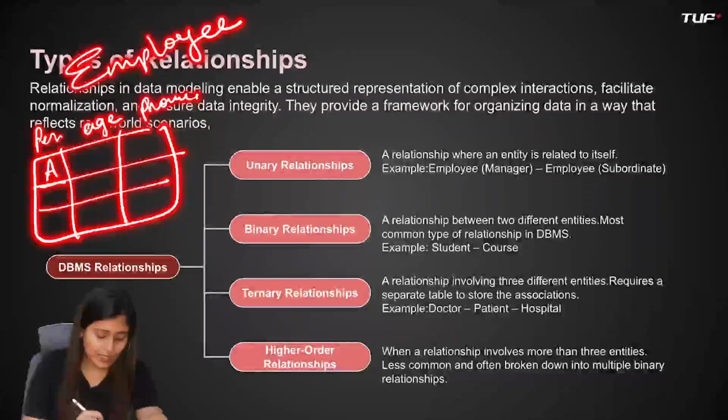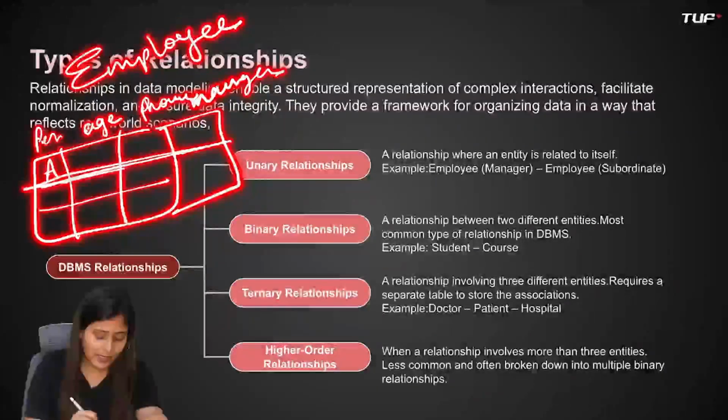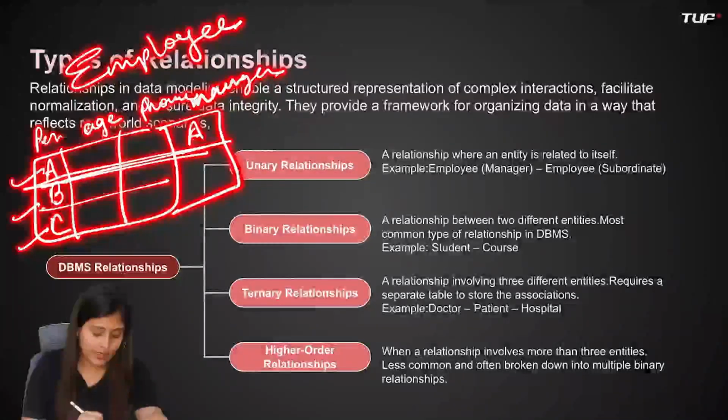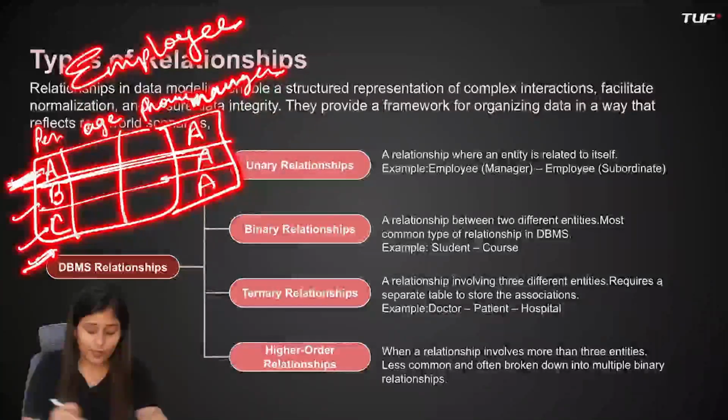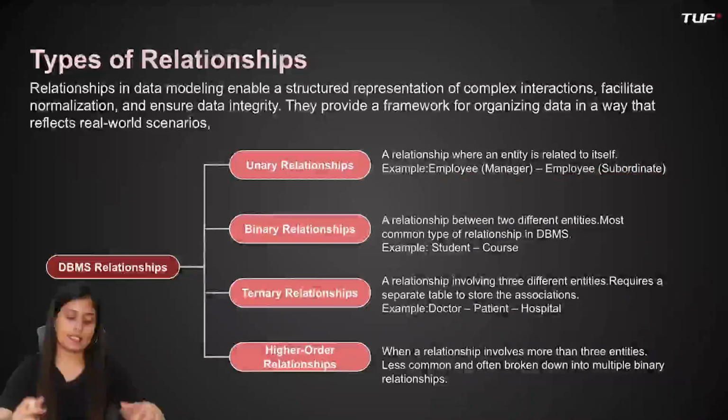Let's suppose one more attribute called manager. So person A is the manager of itself, right? For person B, person C. So A, B, C are the employees in the employee table. Along with that, A can be the manager of A, B, C all, right? So here this is called unary relationship where an entity is related to itself. For example, an employee can be the manager and the employee subordinate itself.